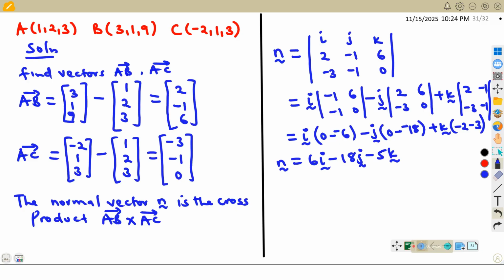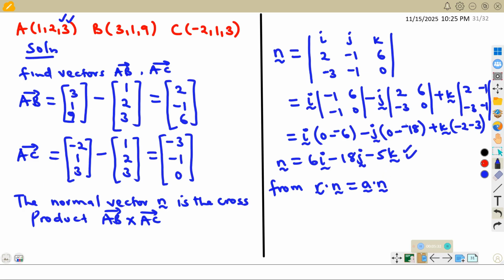From the general equation of the plane, we have r dot n is equal to a dot n, where r is a general point on our plane, point A is the point we shall be considering, then n is what we have obtained. So we shall get the equation of the plane using the point.